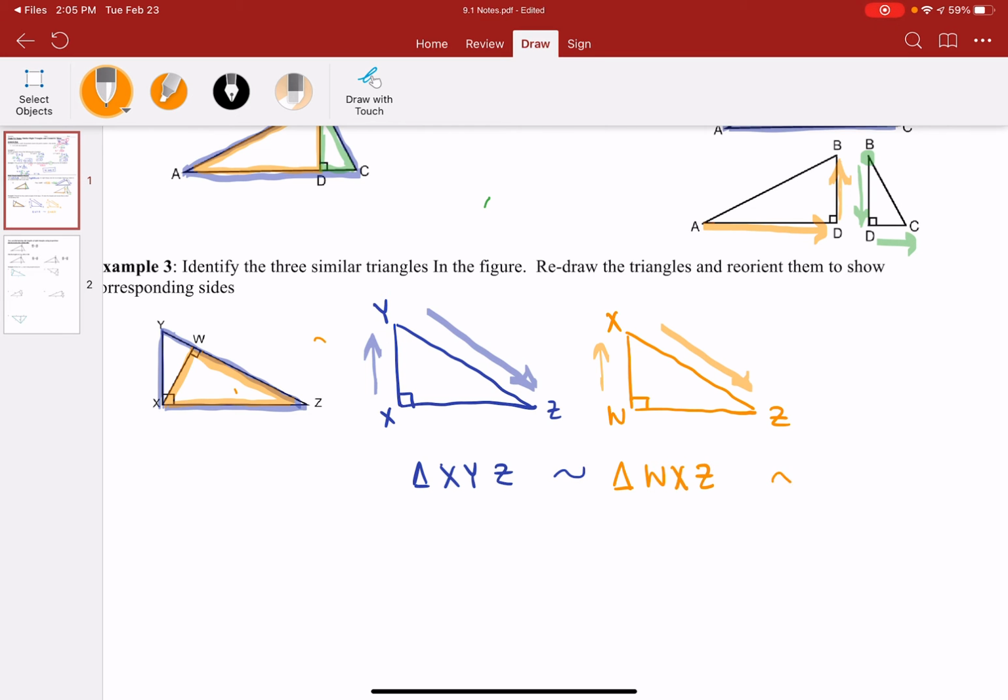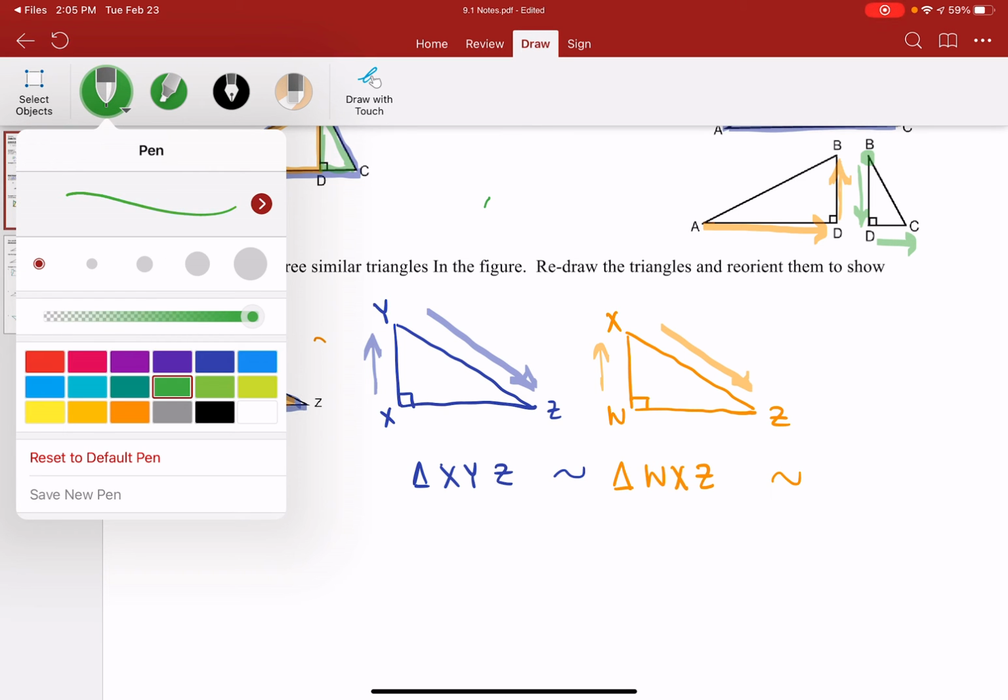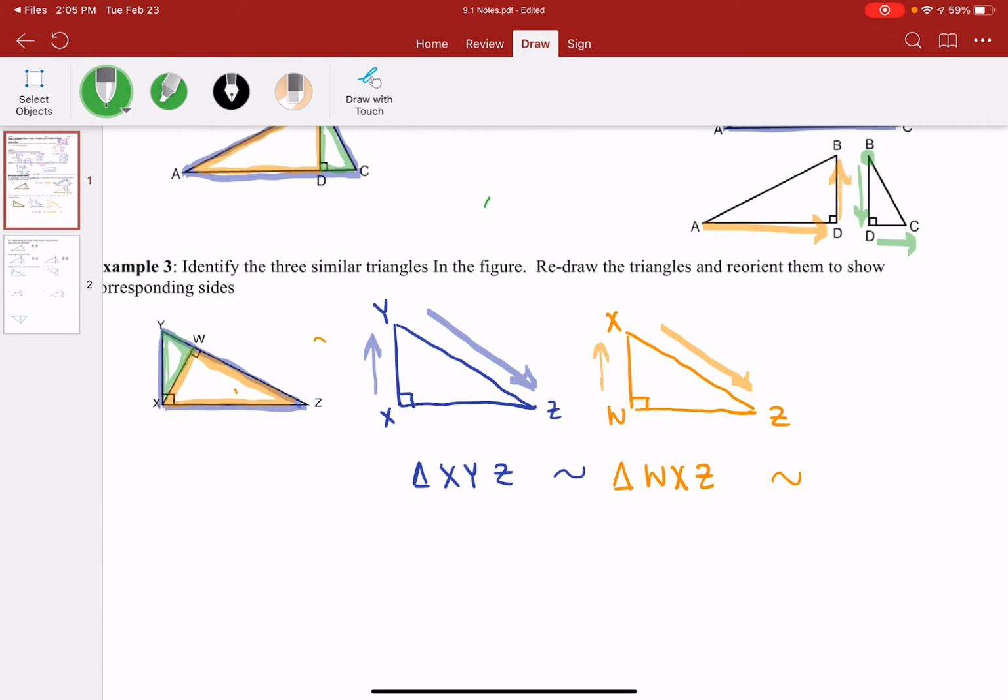WXZ. And then is similar to, and now we want to draw our smallest triangle, which is right here, that has vertices of X, W, and Y. So we're going to flip that around too. So it's again facing the same way. My right angle is at W again.